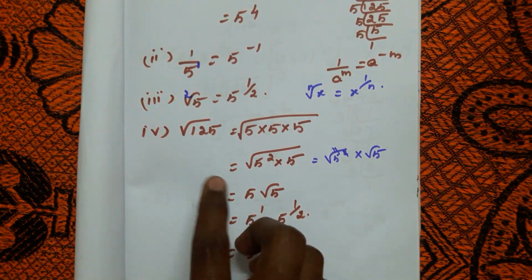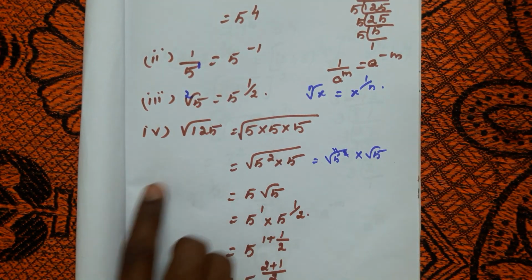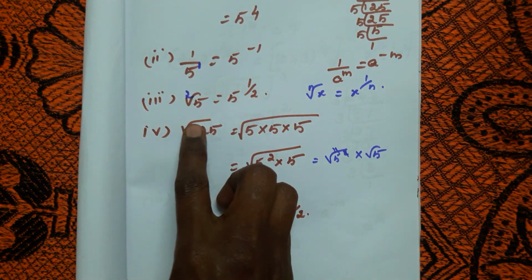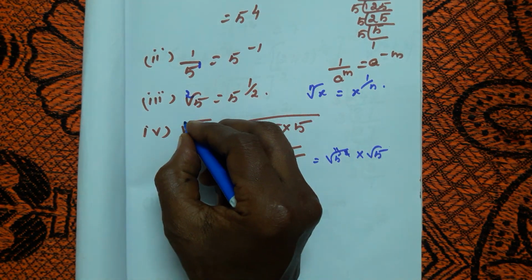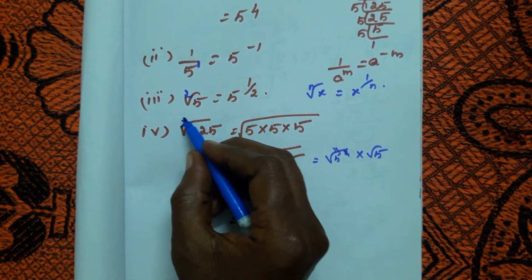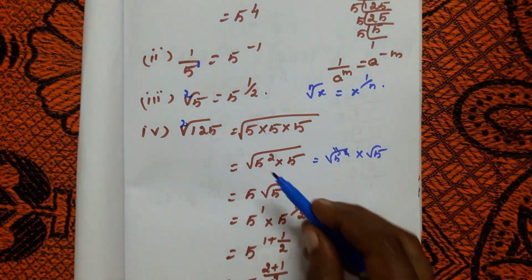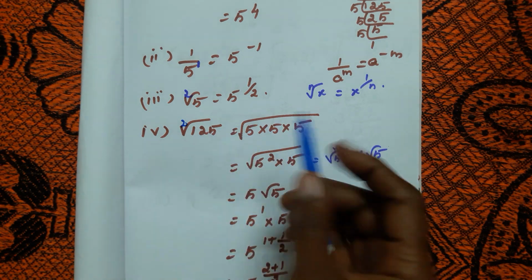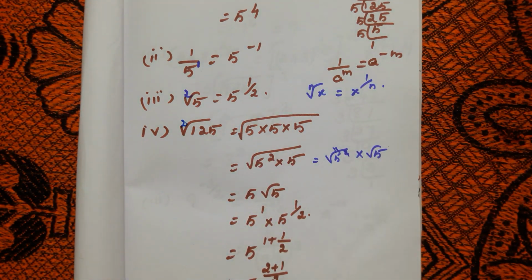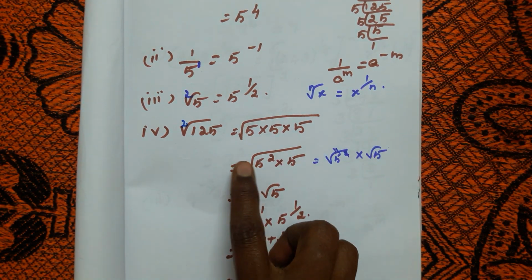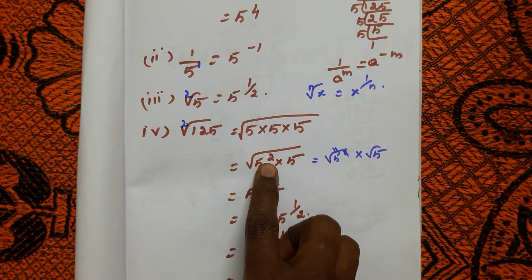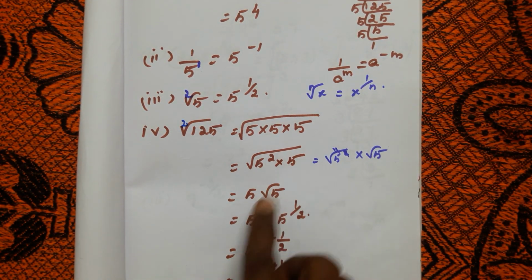Next, fourth problem, square root of 125. Here no number is given, so we have to think that 2 is the order. So square root of 125 is equal to 5 into 5 into 5, which is root of 5 square into 5.